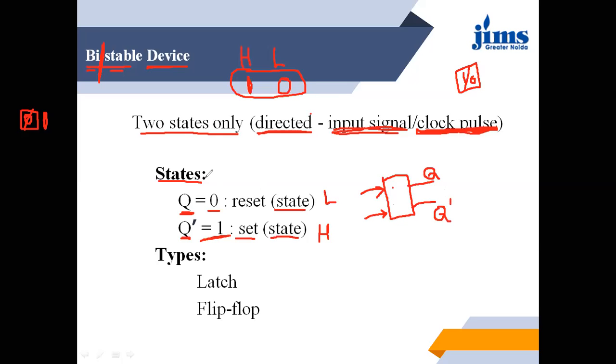When I was discussing the states, it means whatever value it is going to store, either 0 or 1. Here, I am discussing the values at the output: there are two values, and I can use either this one or this one.